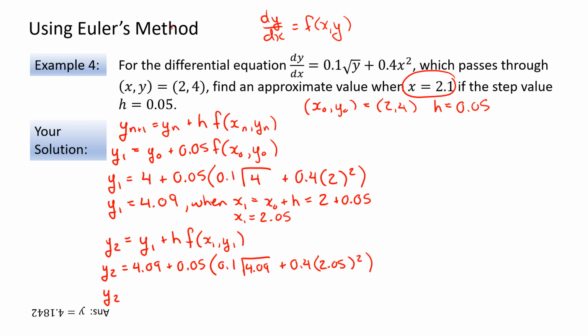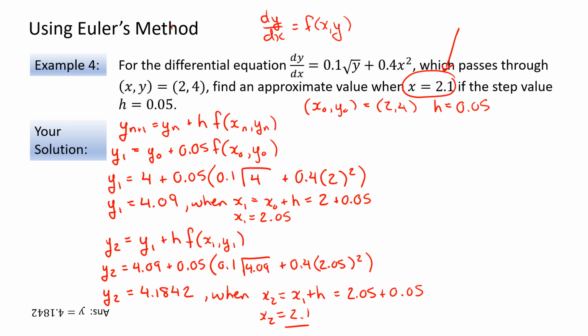So if we calculate that out, we get that y2 is equal to 4.1842. And again, that is when x2 is equal to our previous x point plus our step value, which is 2.05 plus 0.05, or x2 is equal to 2.1. Okay, so we can stop there because we've now reached our value when x equals 2.1.